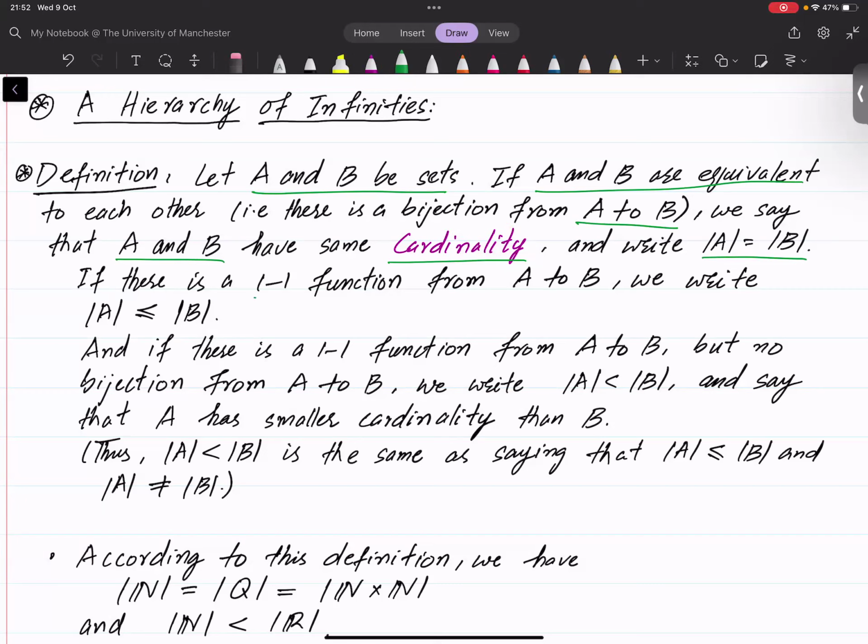If there is a 1-1 function from A to B, we write that the order of A, or the cardinality of A, is less than or equal to the cardinality of B. And if there is a 1-1 function from A to B, but no bijection from A to B, we write that the order of A is less than the order of B, and say that A has smaller cardinality than B. I'm confusing the order and the cardinality, but for sets, in some sense they are similar.